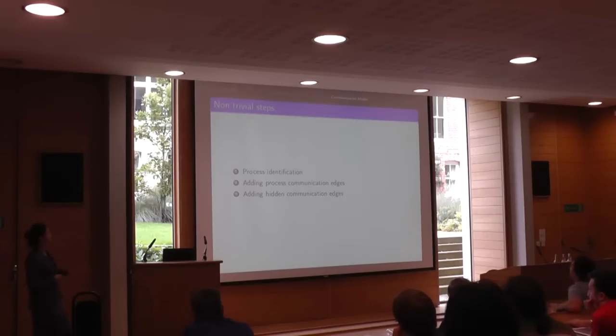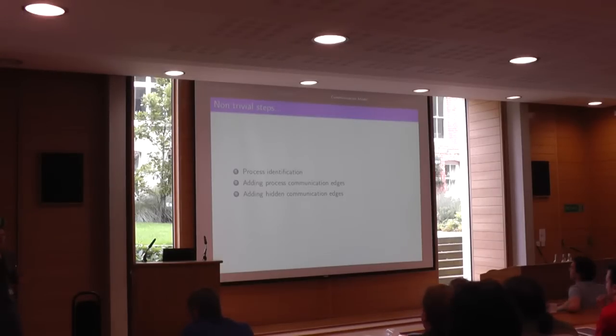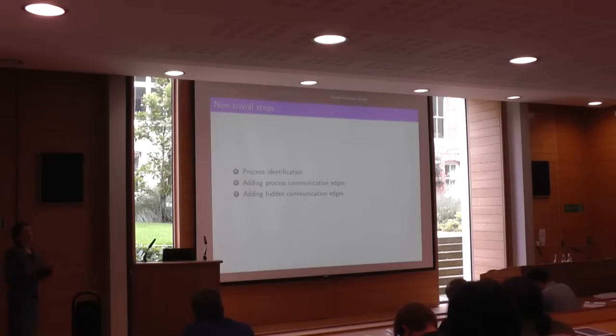There are 3 steps. At first, we have to identify the processes in the source code. Then we add the communication edges using the message passing information, and then we analyze ETS tables. That's now the hidden communication edges.